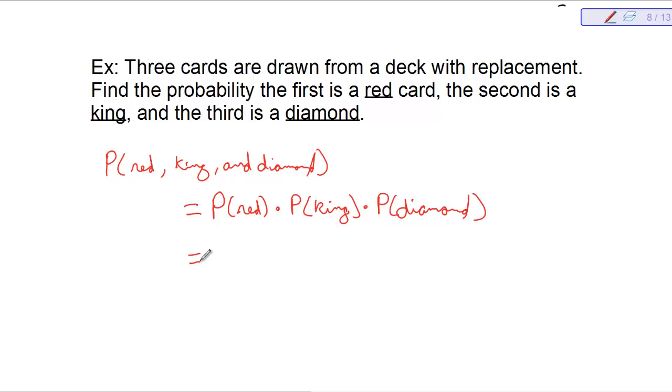Let's think about it. How many red cards are there? Well, there's either black or red, so that's half of them. So there's 26 out of 52. How many kings are there? There's 4 kings out of 52. Now remember, I've drawn a red card, but I have put it back.